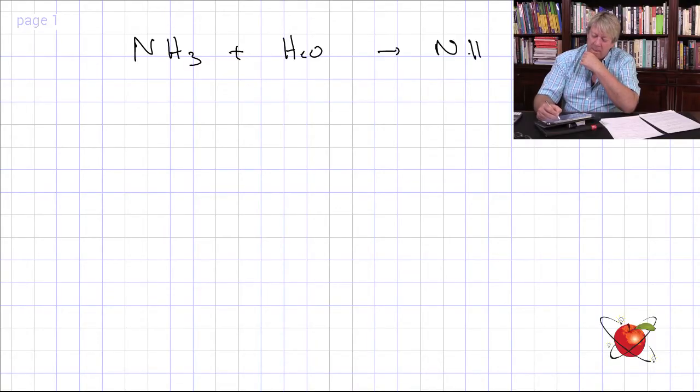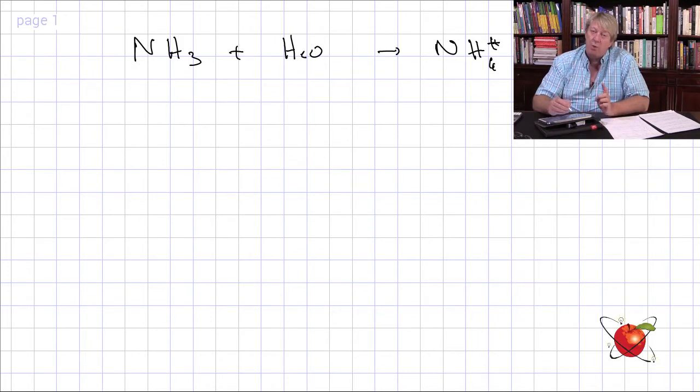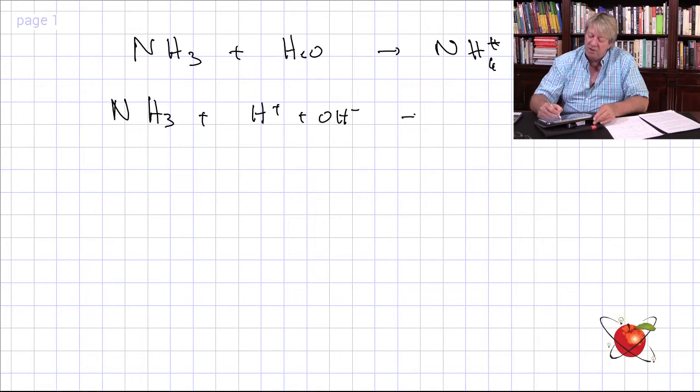Because you know that NH3, the only other thing you know about it is it does NH4 as well, doesn't it? So let's take a guess and put it to NH4, and we know that's a +1, isn't it? So what has actually happened? We also know that water can dissociate into H plus OH minus. NH3 plus H plus OH minus going to NH4, right?